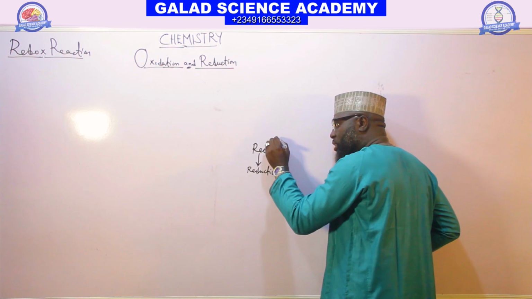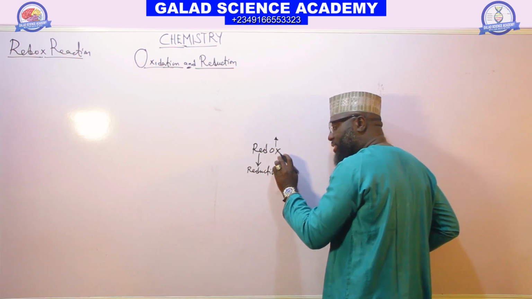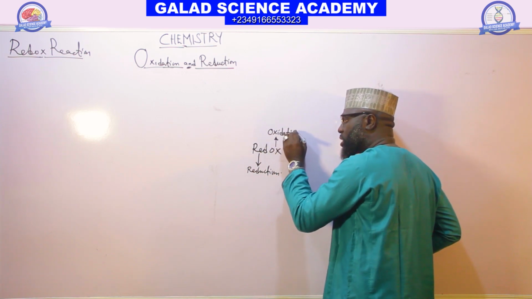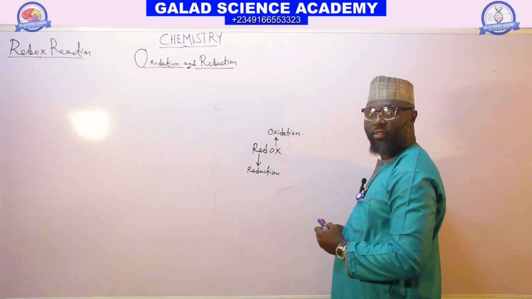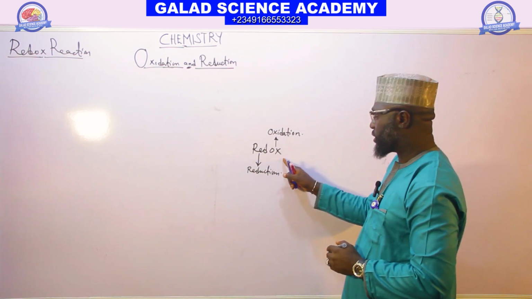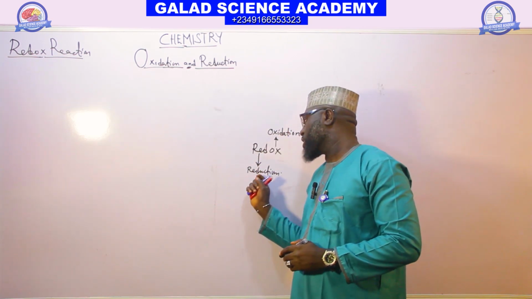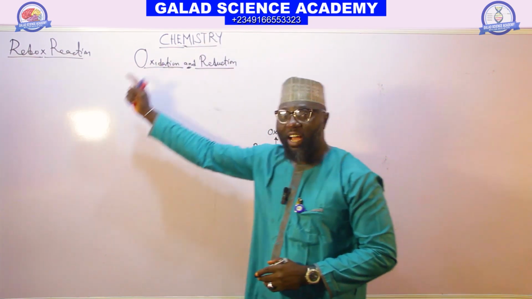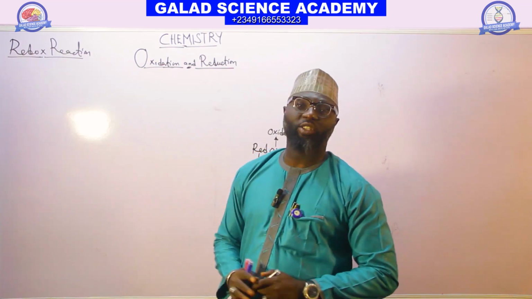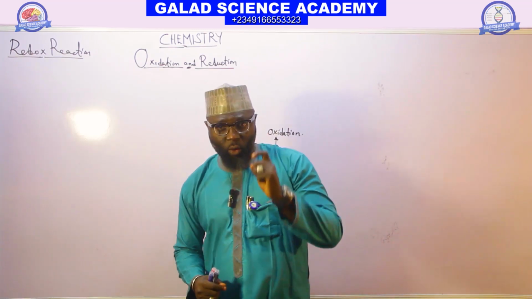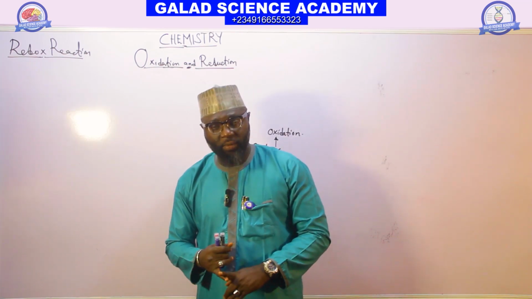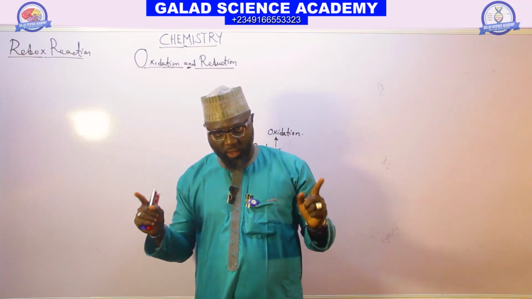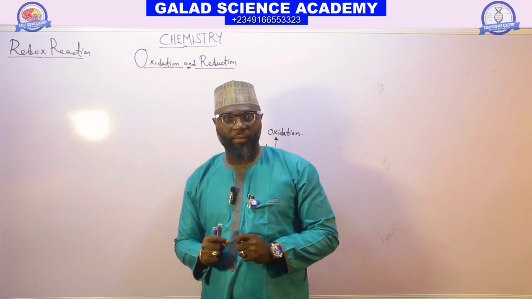And OX simply means oxidation reaction. That's the meaning of redox. It's the average of reduction and oxidation. That is, the redox reaction is a chemical reaction in which both oxidation and reduction occur simultaneously or concurrently.